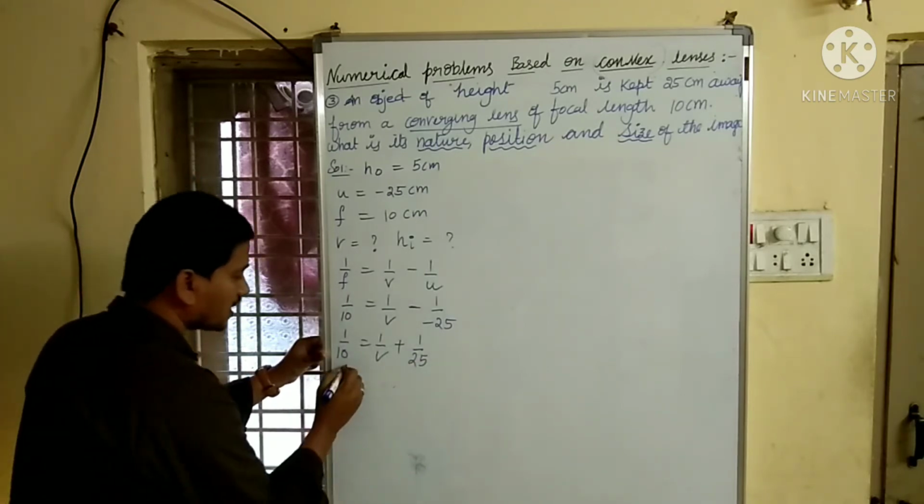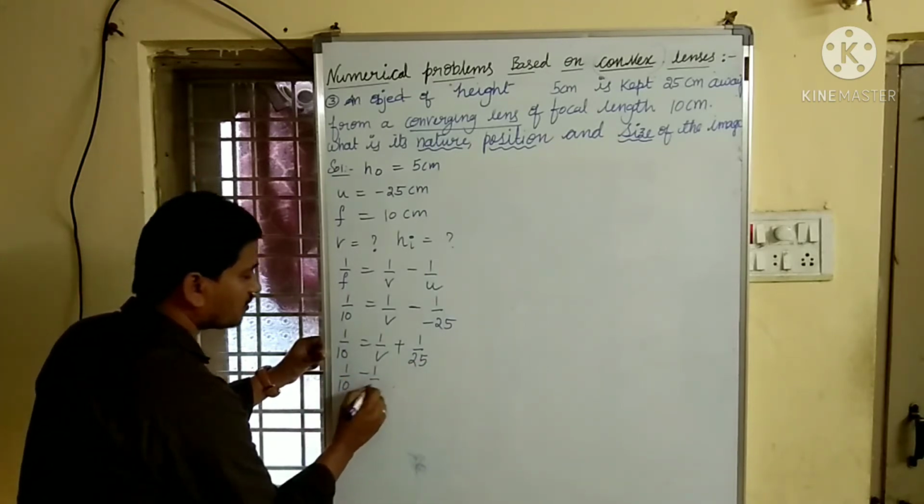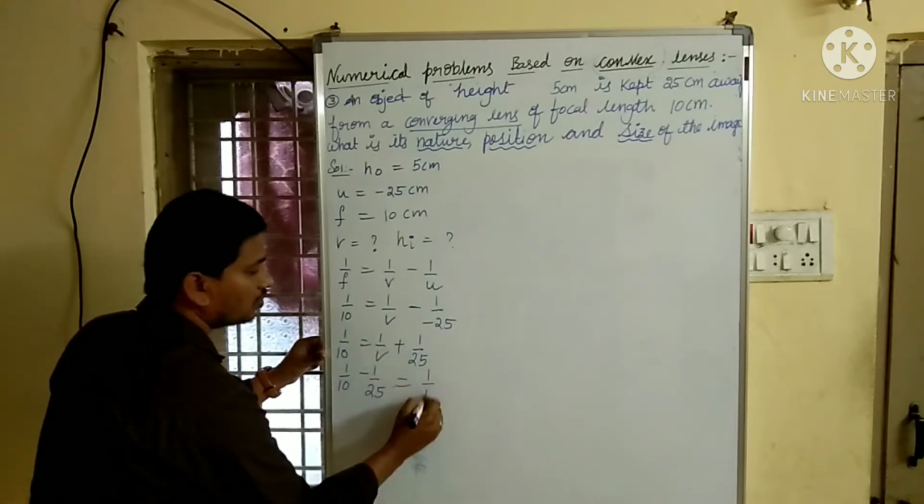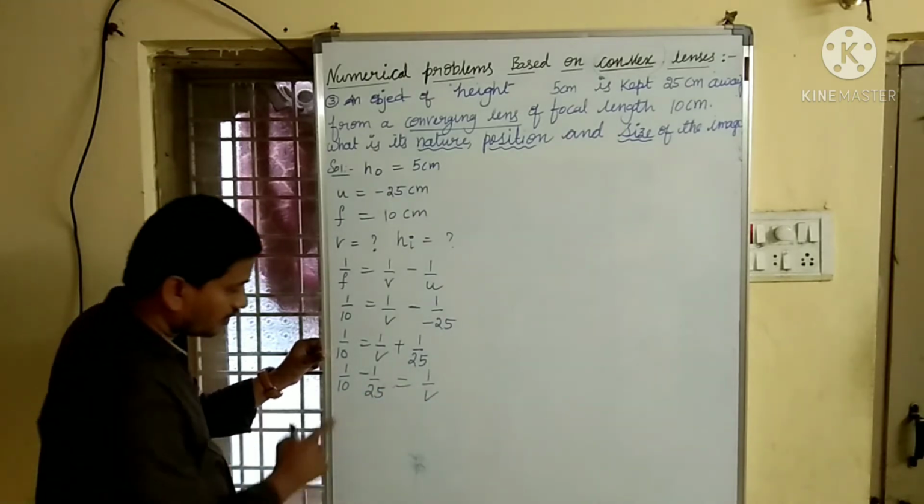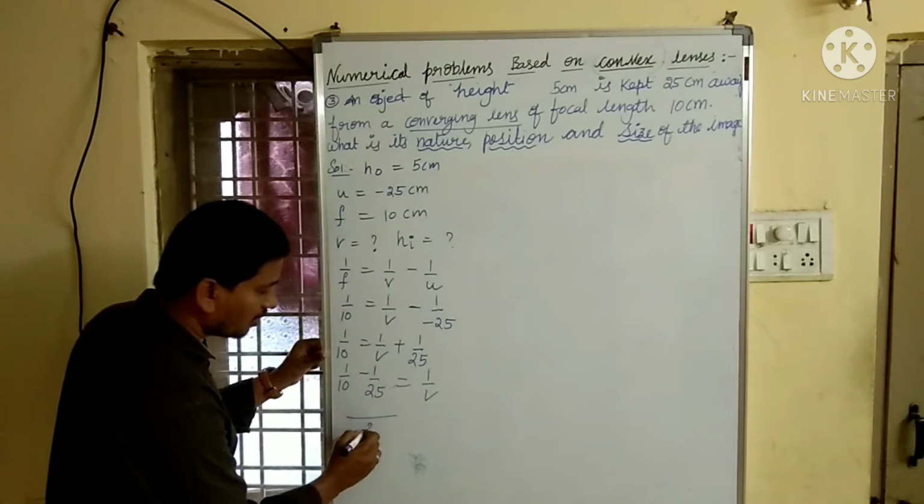Let me transpose this side. 1 by 10 minus 1 by 25 is equal to 1 by v. What is the LCM of 10 and 25?